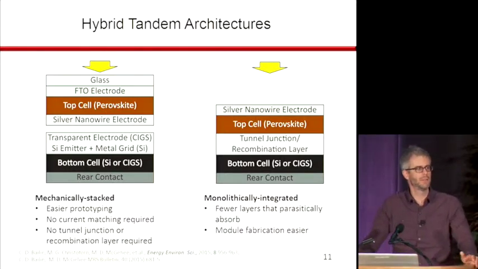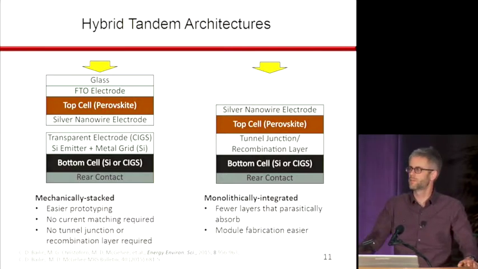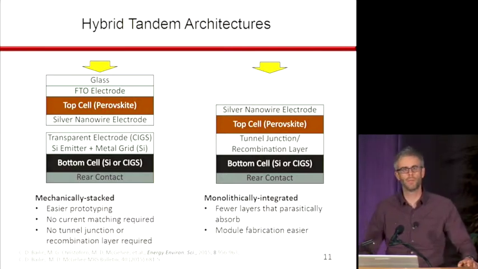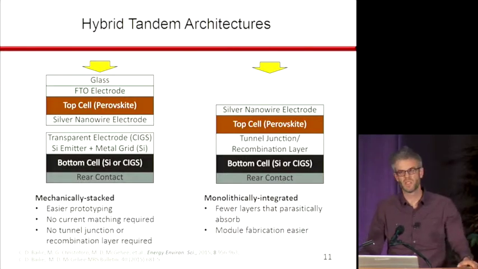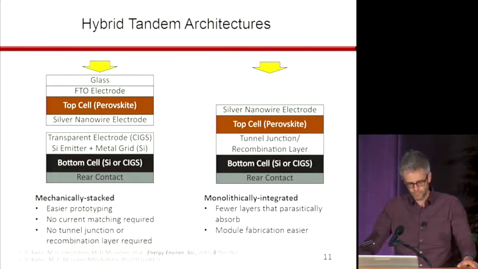With 2-terminal, you have to match the currents. If you can't do that, then the cell with the lower current will hold back the current of the whole stack. You don't need current density matching when you do a 4-terminal tandem.